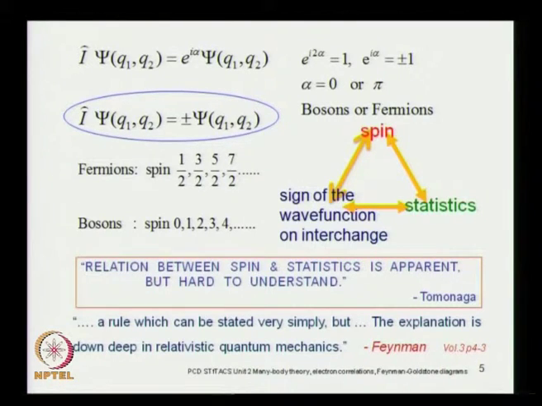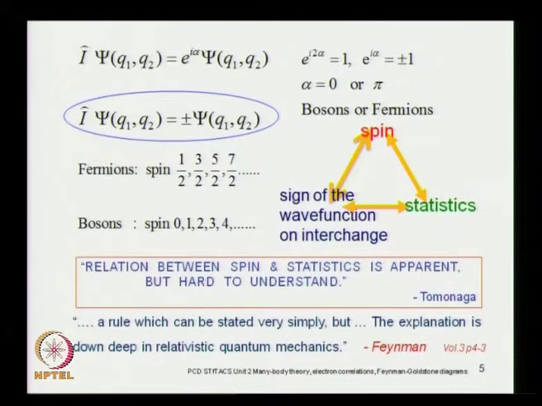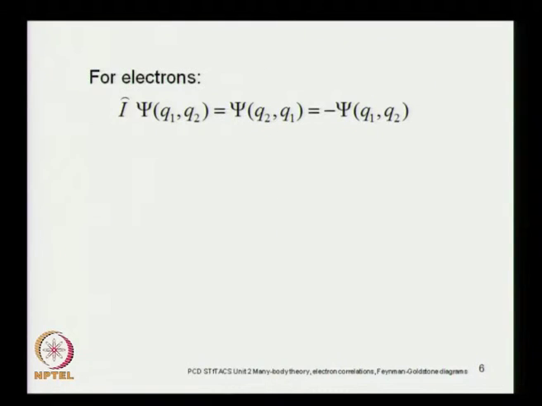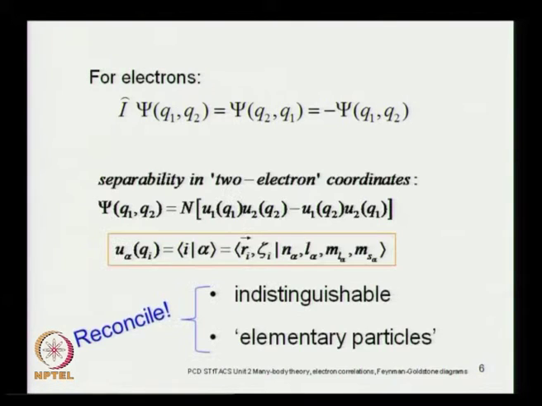Okay. So, I will not go into those details, because our focus in unit 2 is the discussion on how many body correlations are to be treated and what they are in the first place. So, let us deal with electrons. On interchange, the electron geminal, the 2 electron wave function, changes sign, and you consider the wave function, which is a function of 2 electrons q1 and q2, one at q1 the other at q2, to be separable in one particle coordinates.